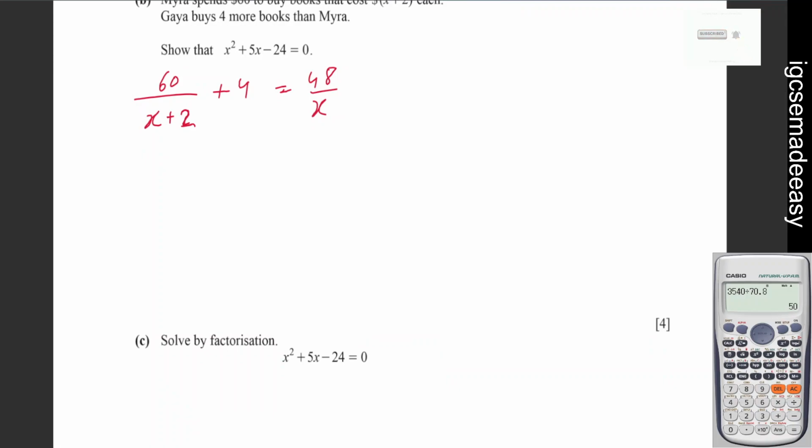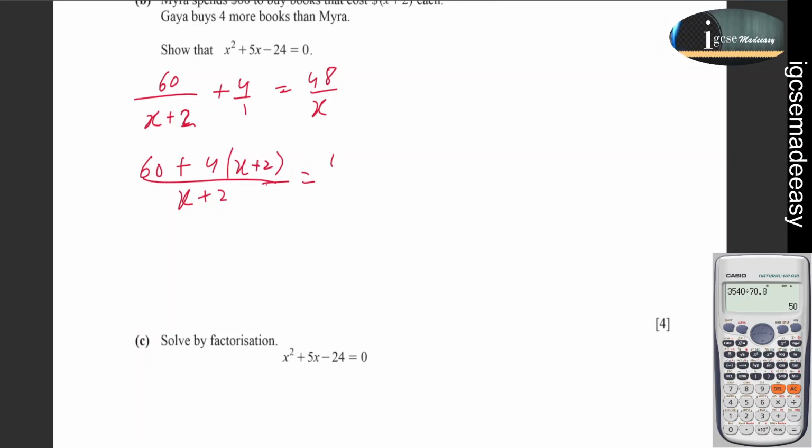If we equate this equation, we have to take an LCM of this one. So we can write x plus 2 multiplied by x plus 1, x plus 2 into 1, x plus 2, then cancelled out. 60 plus 4 into x plus 2, cross multiplied. So 48 by x, I just cross multiplied this and this, and multiplied this and this over here. So this is the way I got it.